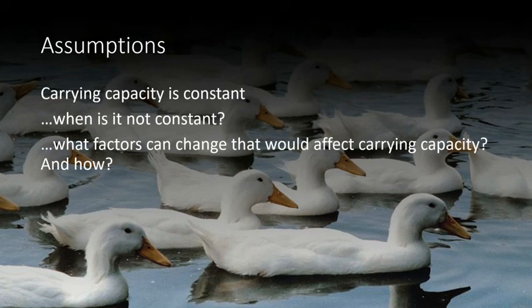Consider that you had a forest with trees that's home to birds and squirrels and all kinds of things. What would affect the carrying capacity of that forest in terms of the population of birds and squirrels that can be supported? And most of the time, what is the source of that change?